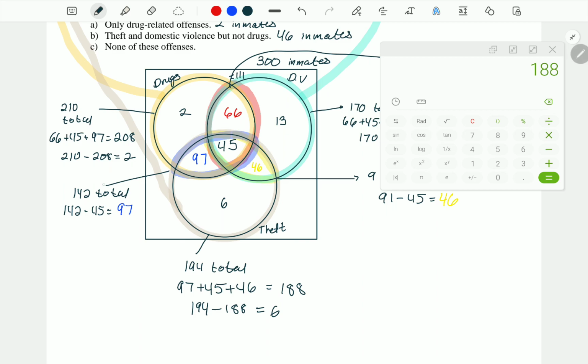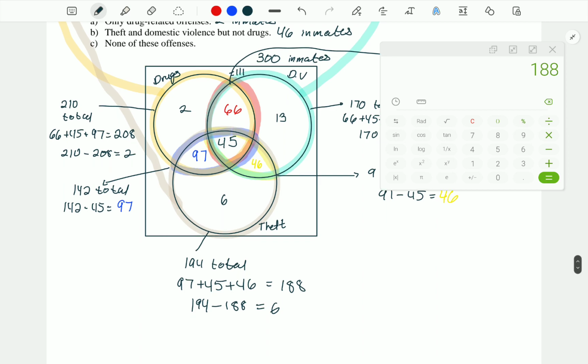Then finally, to complete the Venn diagram, we need to find out how many inmates had none of these offenses. So to find none in this case, we can add up every number in the Venn diagram and then subtract it from 300.